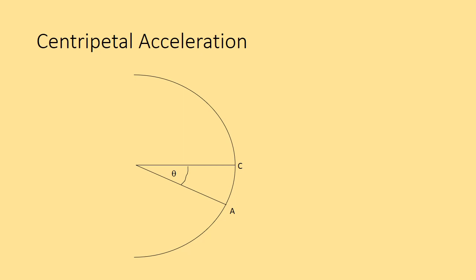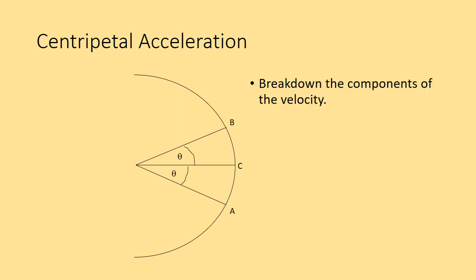Now imagine that the object is still going around in the circle, and it's going to go to point B through exactly the same angular displacement, theta.